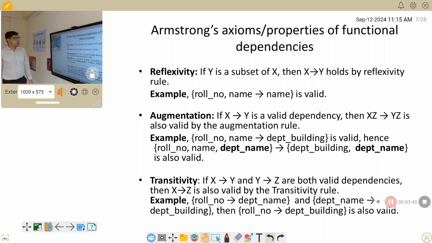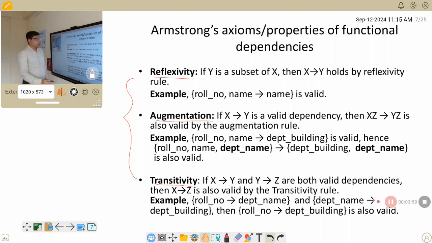So there are some properties, Armstrong properties of the functional dependency. These three properties are the main properties of the Armstrong axioms. They are the reflexivity rule, the augmentation rule and the transitivity rule.